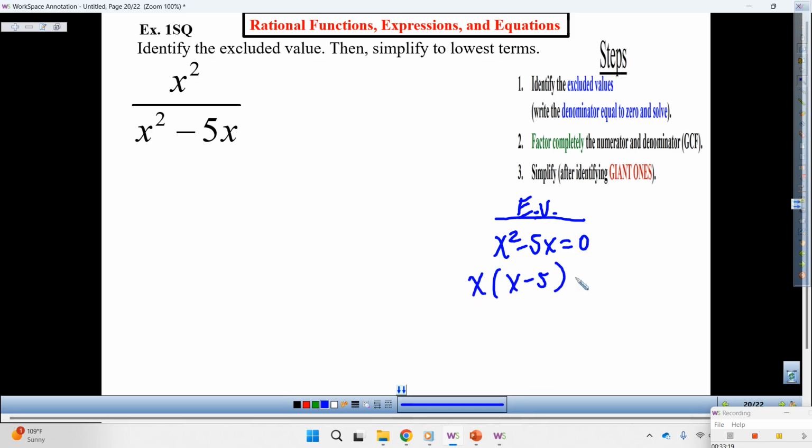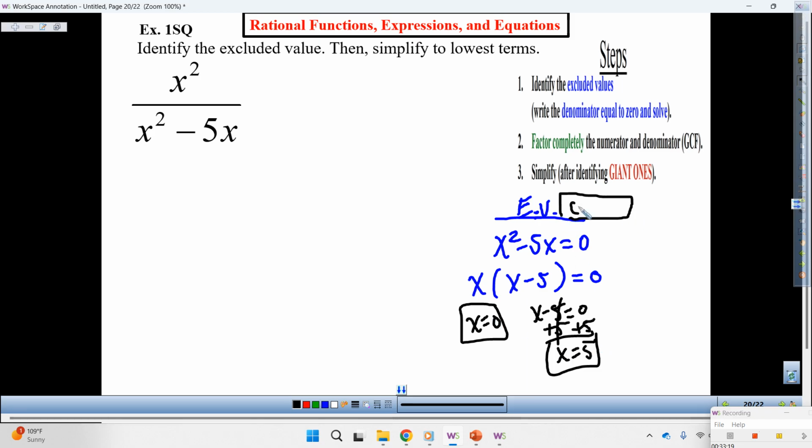That leaves us with x minus 5 equal to 0. So now that we have two factors, x equal to 0 and x minus 5 equal to 0. Solve. This one's done. This one, add 5, x equals 5. How many excluded values do we have now? Two of them, 0 and 5. That was last night's homeplay.